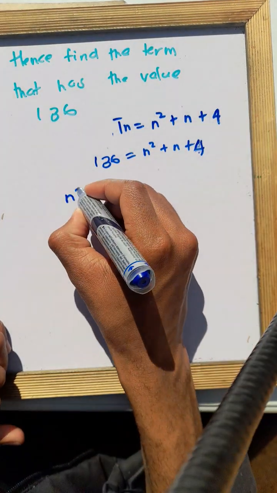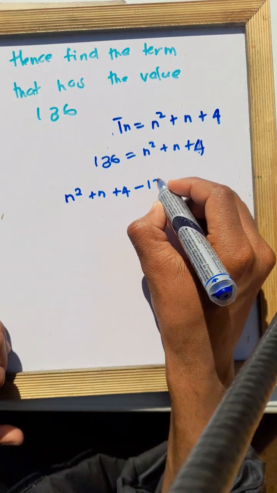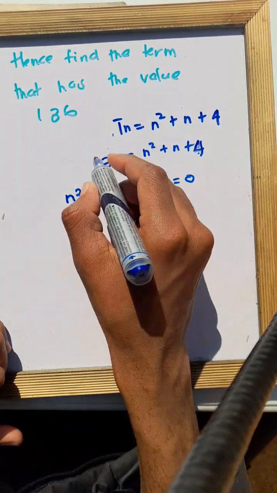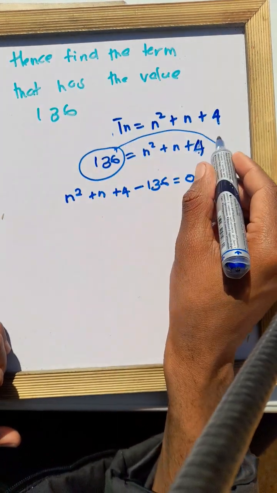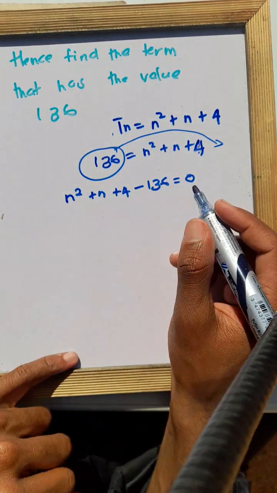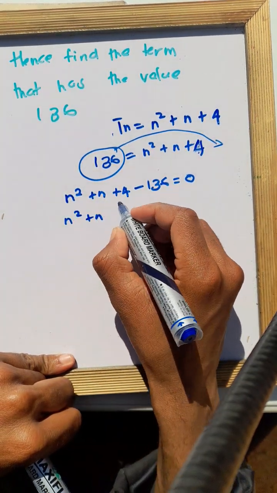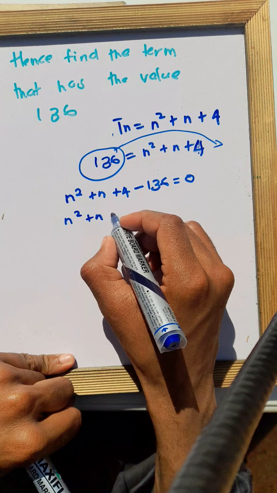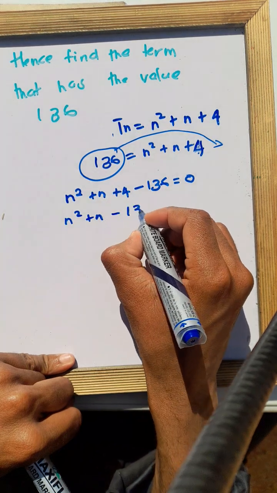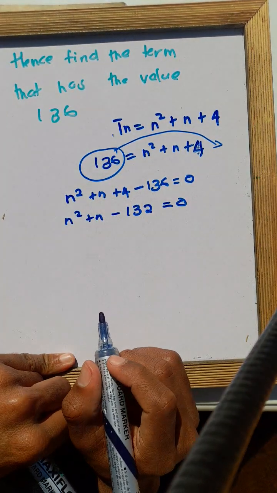So in other words, n squared plus n plus 4 minus 136 is equal to 0. We've moved this 136 to the other side, and it became negative after moving across the equal sign. So n squared plus n, 4 minus 136, that's negative 132, is equal to 0. So let's go ahead and solve for this quadratic equation.